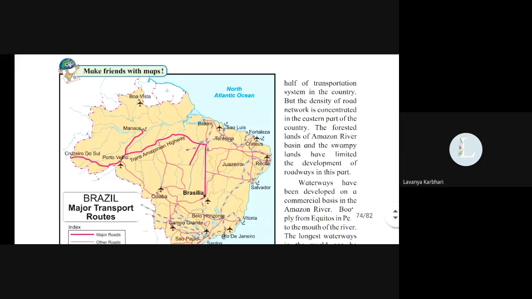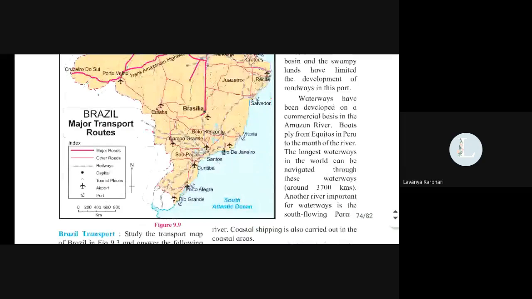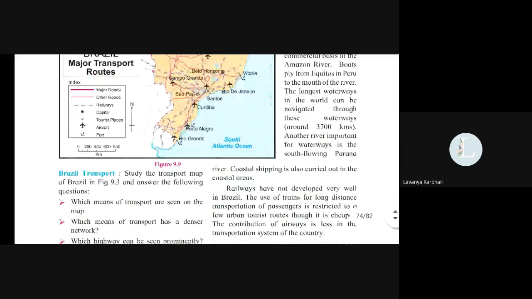The most common method of transportation is roadways. Roadways account for more than half of the transportation system in the country, means in Brazil. So it is not railways, it is roadways. Okay. I told you that railways is a major source of transportation, but it is not like that.